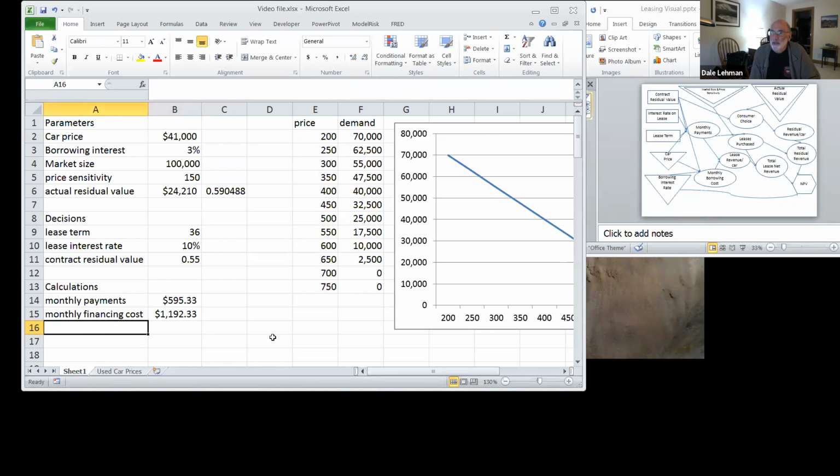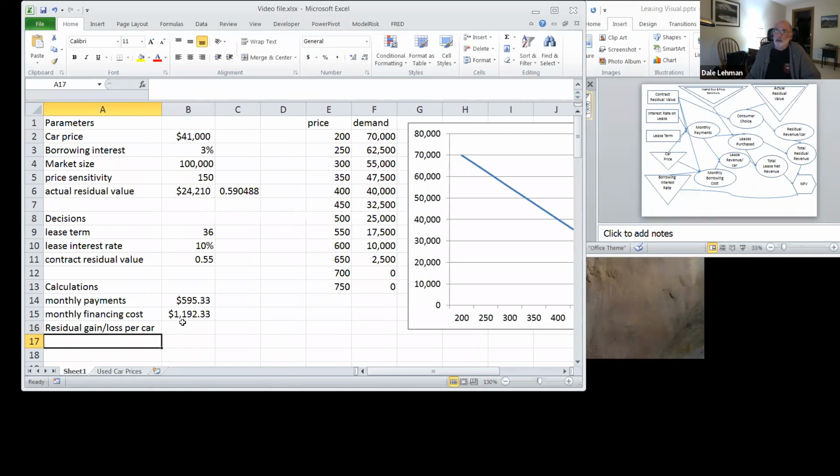Okay, let's see how we want to do this. For each car, there's a residual gain or loss, which means it's the difference between what the contract residual value is and the actual residual value.